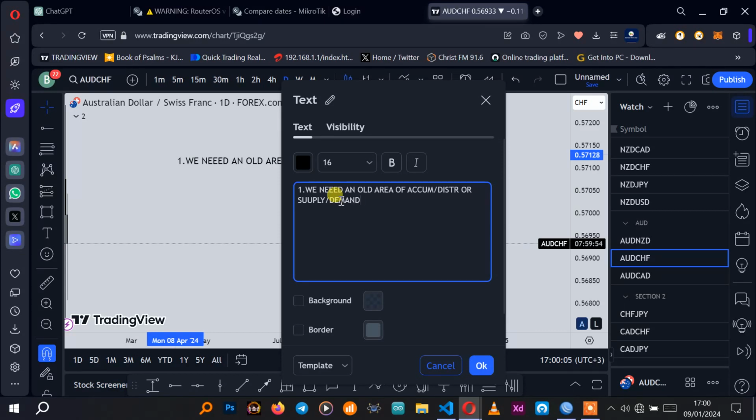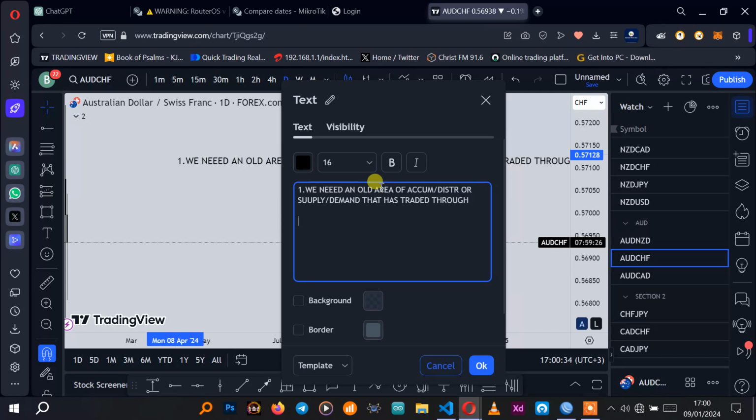That's from a supply and demand standpoint, but from an ICT standpoint, that's going to be an old area of accumulation or distribution, or you can call it an old order block that has been traded through.